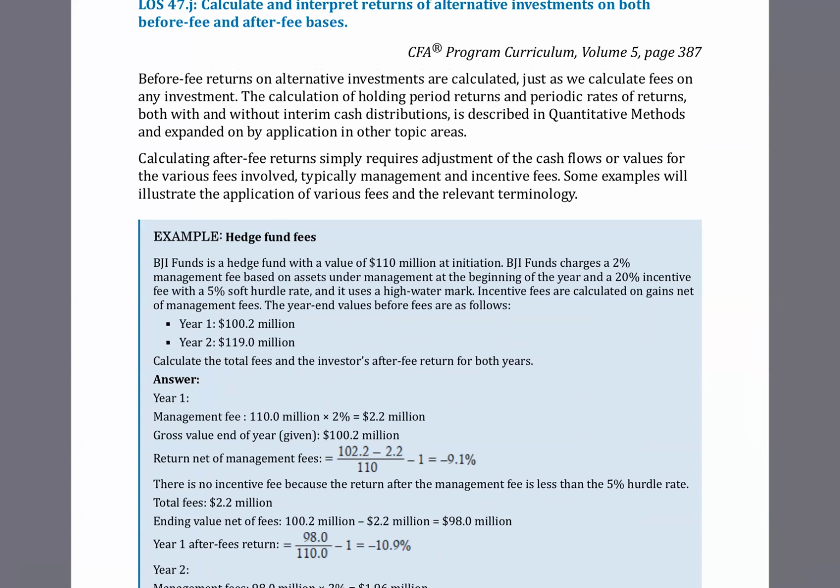Gross value at end of year, and they say a soft hurdle means the incentive fee is 20% on the return, if the 5% hurdle is met. So 100.2.